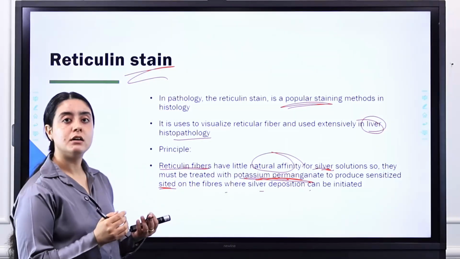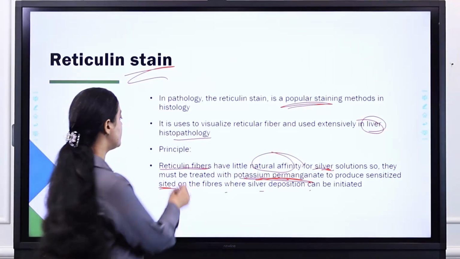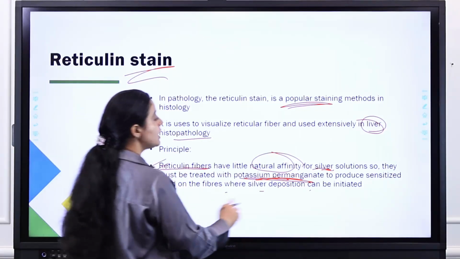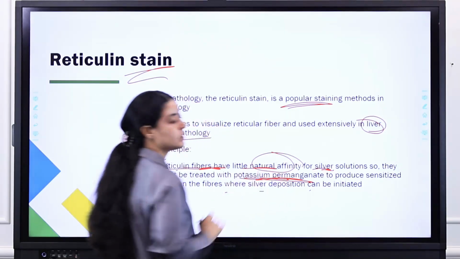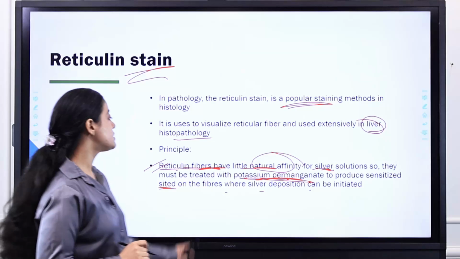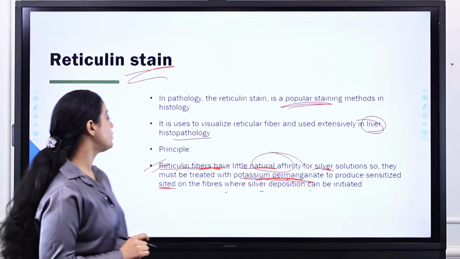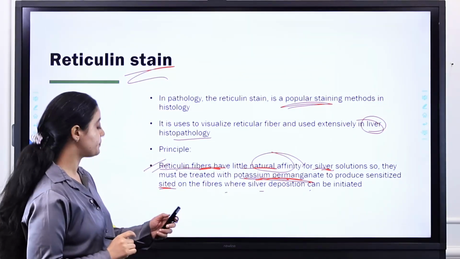So when we treat our reticulin fibers with these, they have a natural affinity for the silver solutions, and must be treated with potassium permanganate to produce sensitized sites.